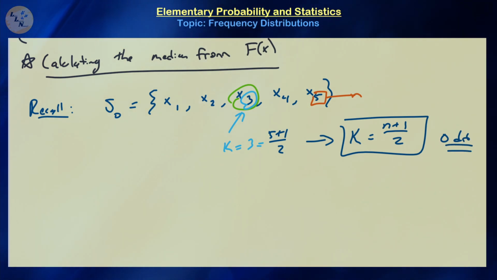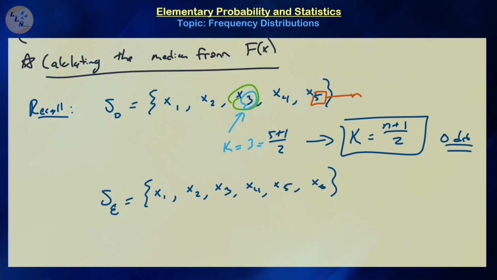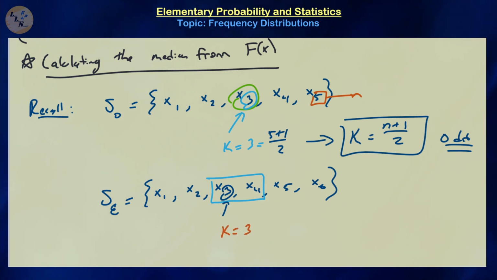And for even sets, let's choose 6, so x1, x2, x3, x4, x5, and x6. And let's again assume that this is an ordered data set. So remember that the median of an even set is going to be the average of these two middle elements. So for example, how can we find the index of the smaller one? The index of the smaller one, k, which is again equal to 3, is going to be equal to the sample size n divided by 2.